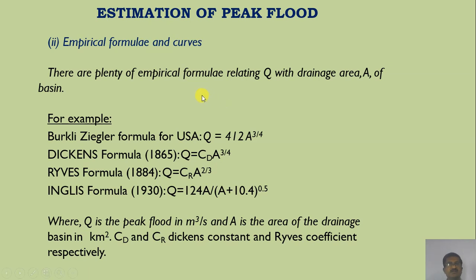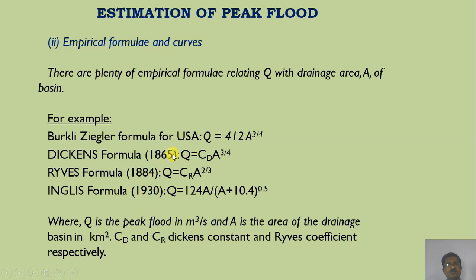So empirical formulae and curves are there. There are plenty of empirical formulae relating the discharge to the drainage area A in the basin. I will just read the names of the formulae which are available here: the Berkeley-Ziegler formula, Dickens formula, Rice formula, English formula.